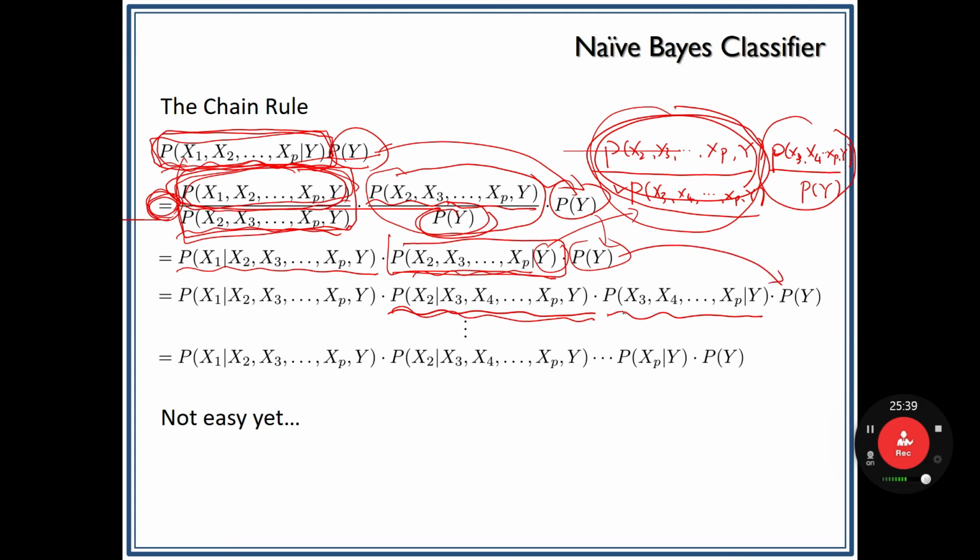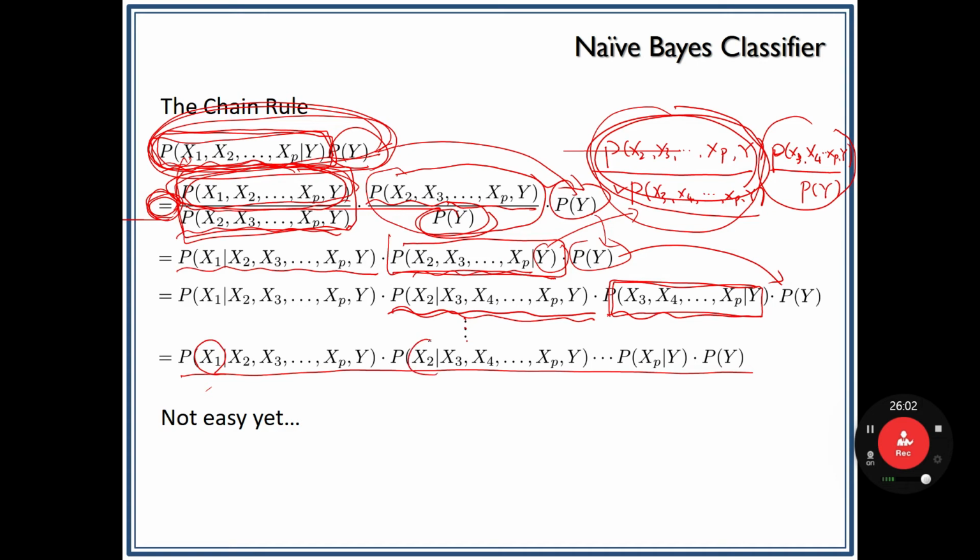So we do this thing again for this term. If you repeat this procedure, then the first mathematical expression is equivalent to this one. The thing is that in this part we have only one random variable.